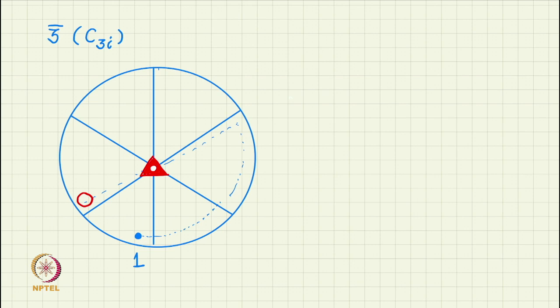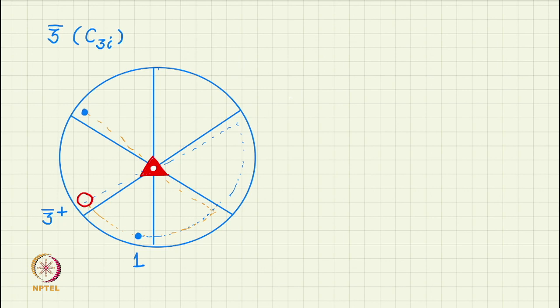If I continue this, so this should be representing our operation of 3 bar plus. If I again rotate it by 120 degree, I will come here, and then if I invert, I go there, but I come above the plane with the same handedness as the starting point.